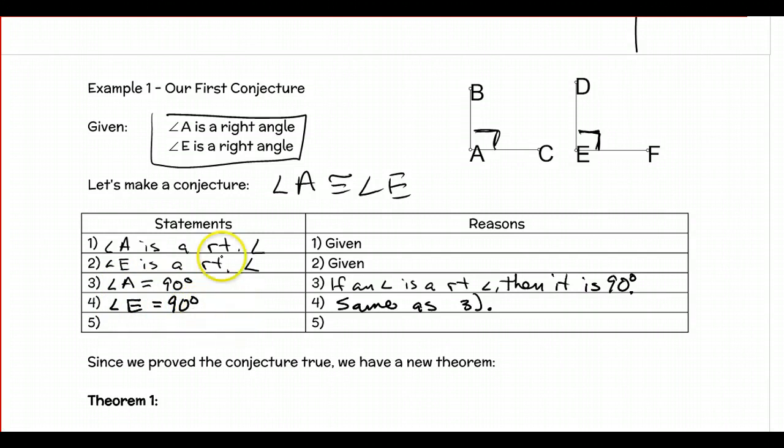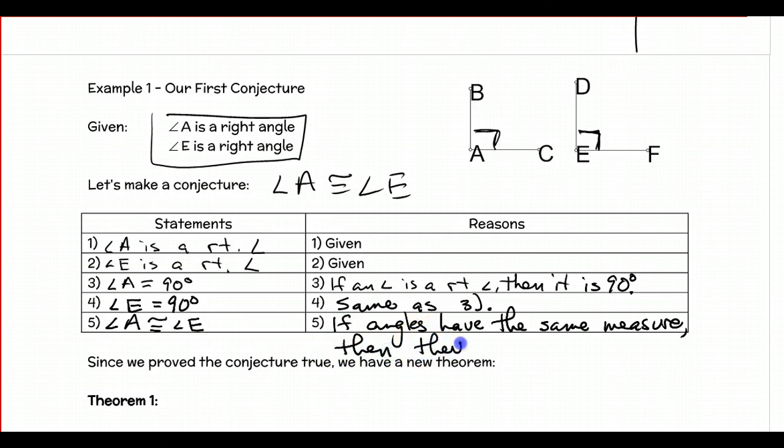And we have a definition that says if angles have the same measure, then they are congruent. That's in one of our previous sections. So I can say that angle A is congruent to angle E. All right, and we're going to use another one of our definitions: if angles have the same measure, then they are congruent.